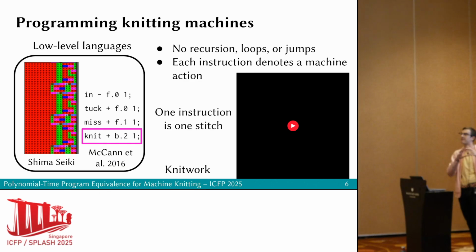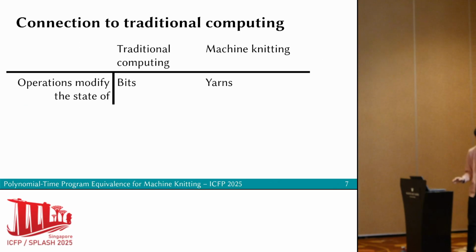Programs can have thousands of these stitches, and managing this whole machine state can be very challenging for the programmer. I want to draw this analogy between machine knitting and traditional computing. Traditional computer operations move bits between registers, and machine knitting moves yarns between the hooks. So basically, the yarns are the values of machine knitting.